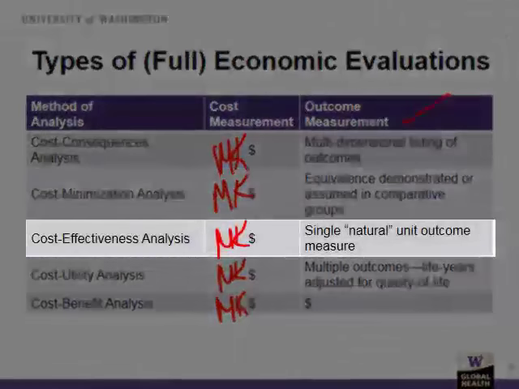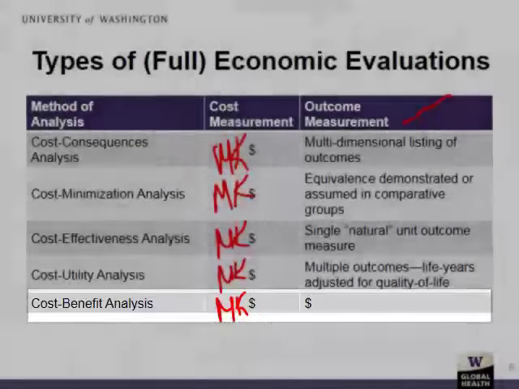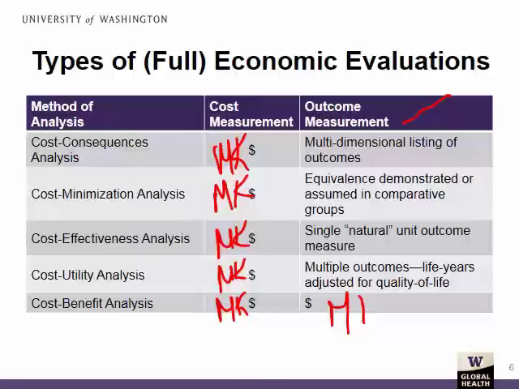In cost utility analysis, you have a combination of quality of life and life expectancy, and the two common ones are QALYs and DALYs, and we'll look at how to estimate those in later weeks. And then in cost benefit analysis, you have dollars on both sides. The outcome is monetized, so you would also have Malawi Kwachas here.